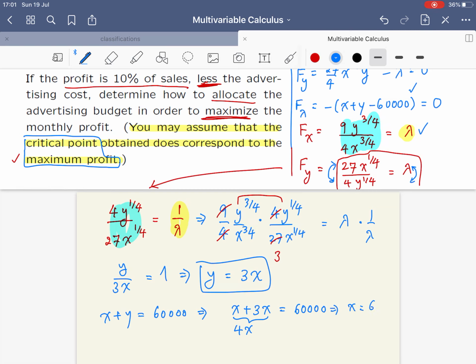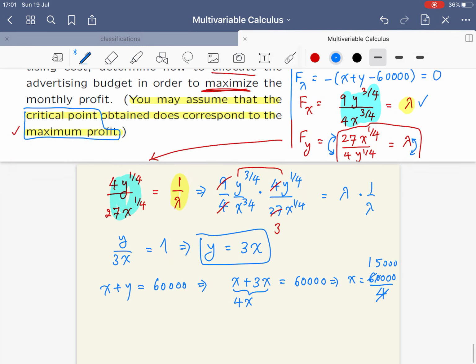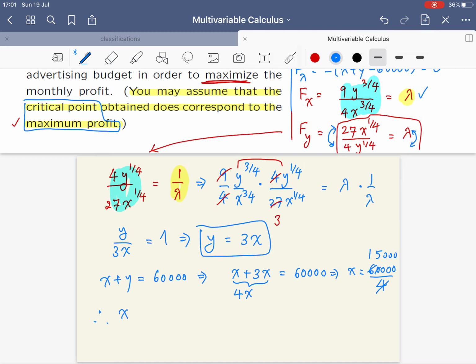So your x is simply 60,000 over 4, which is 15,000. And of course your y is 45,000. So together you obtain 60,000 as the advertising budget.